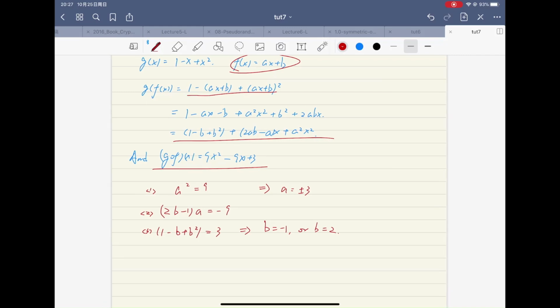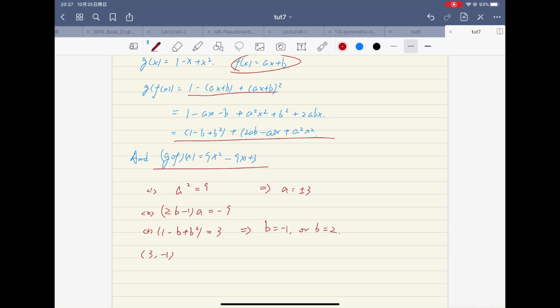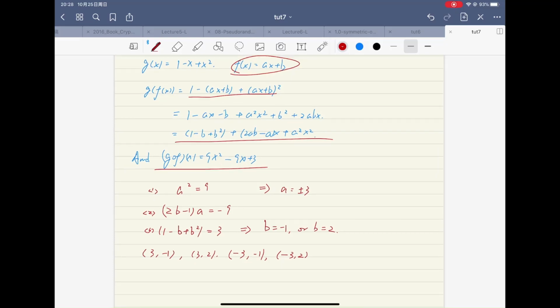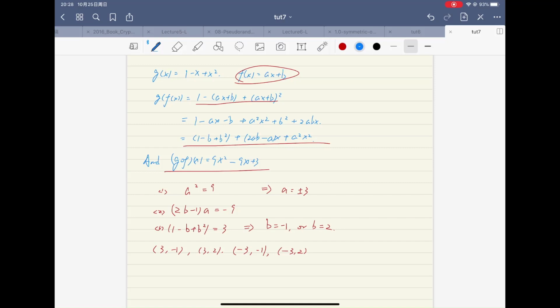So then we have 4 combinations. We have 4 ordered pairs: (3, negative 1), (3, 2), (negative 3, negative 1), and (negative 3, 2). So we have to verify which ordered pair can make the composition function violated.